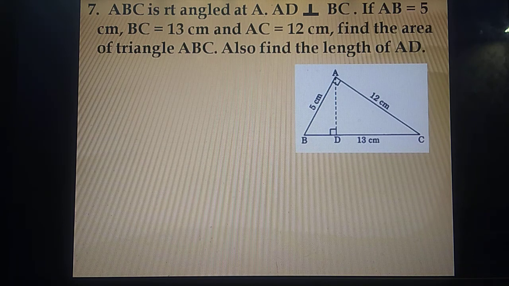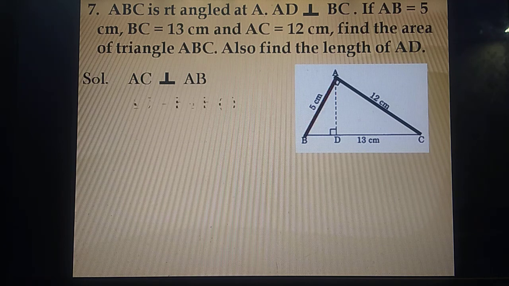In this figure, first line it's given as ABC is right angled at A. It means these two lines are making 90 degrees to each other. Here we can say AC is perpendicular to AB or AB is perpendicular to AC. One line will act as a height and one line will act as a base.